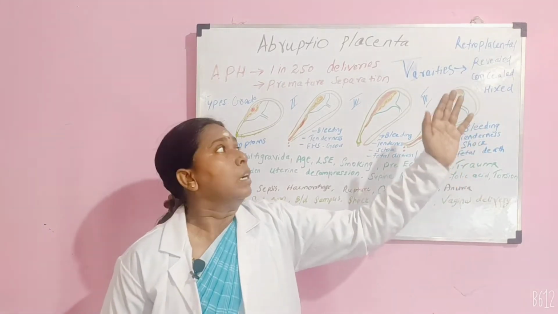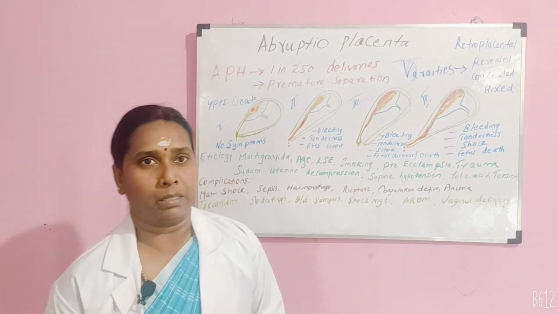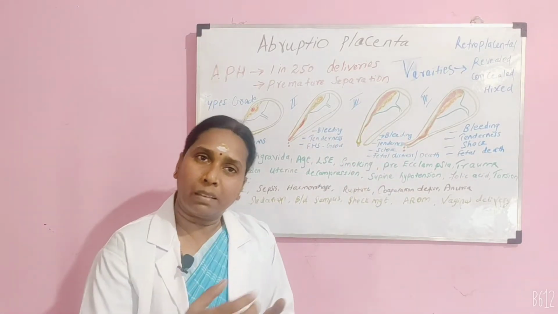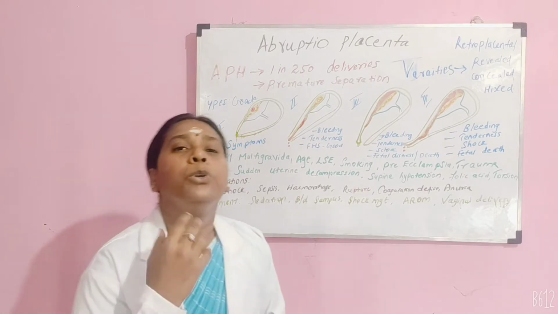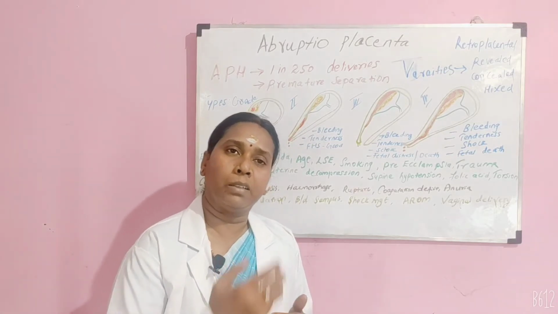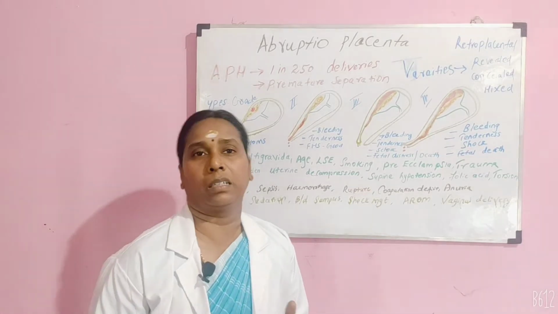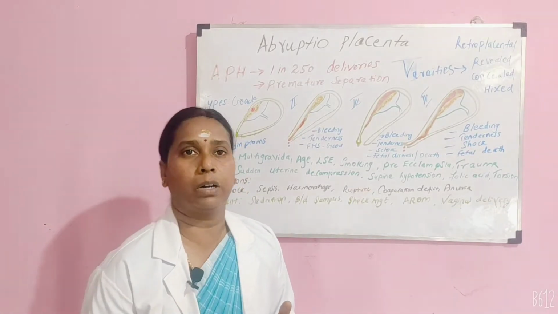Then we have the revealed type of abruptio placenta. In the revealed type, when the placenta is getting separated, you are able to see that it is separating as bleeding occurs.